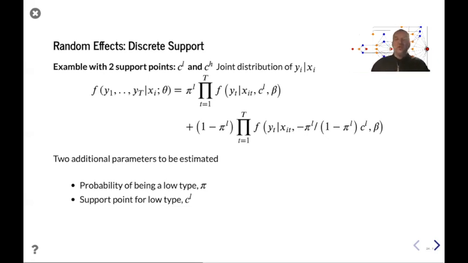We don't run into the incidental parameters problem where we cannot consistently estimate them, because as the number of observations increases with n, the number of support points is not increasing. It's fixed. You're assuming a fixed number of parameters, probabilities and support points, irrespective of how many data points you have. So as n increases, you get more and more data to estimate each of these parameters, and you can obtain a consistent estimator with maximum likelihood, and everything is fine.